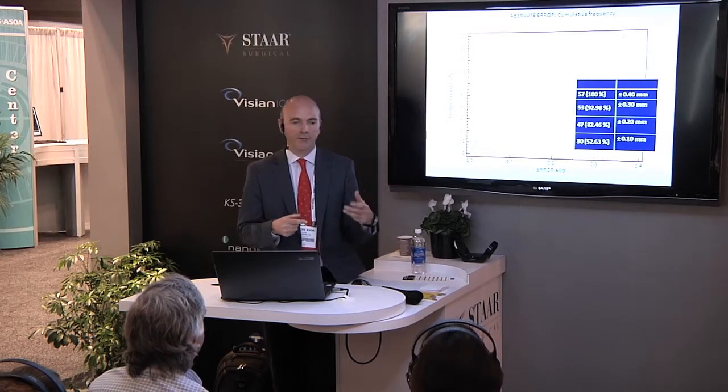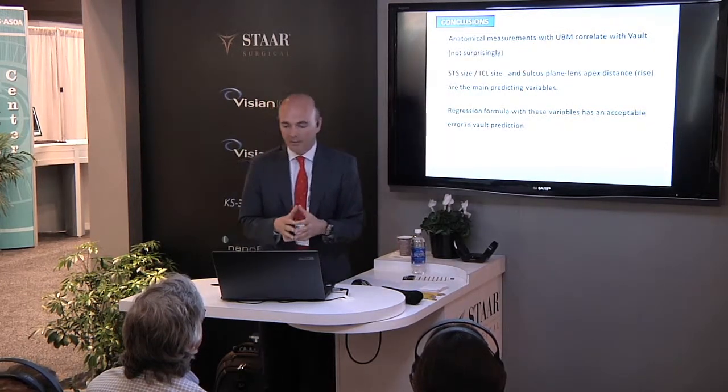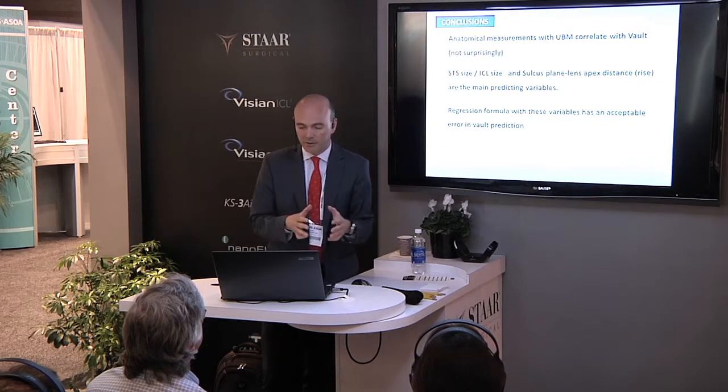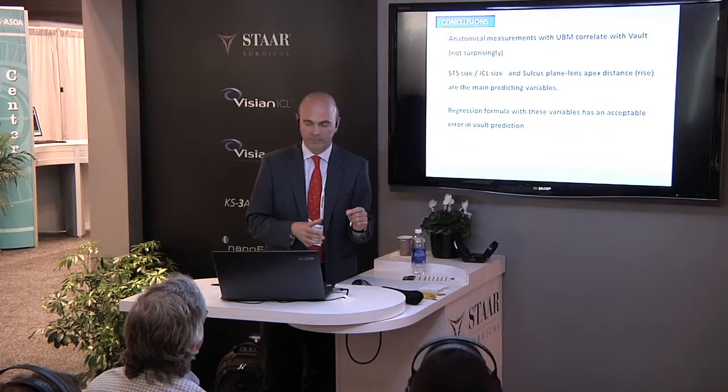And I think this is a quite good result if you translate this to the stepping of the ICLs, which is in 0.5 millimeters. So my conclusion is that anatomical measurements with the UBM correlate with vault, and of course this is not surprising. The sulcus to sulcus size and the rise are the main predicting variables.